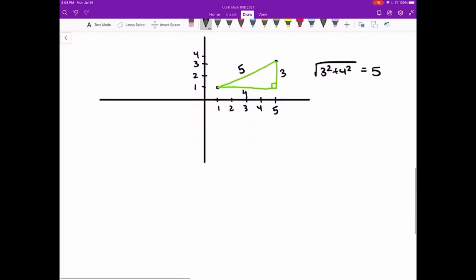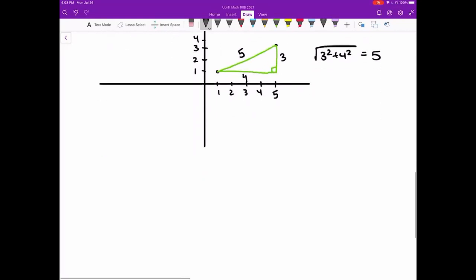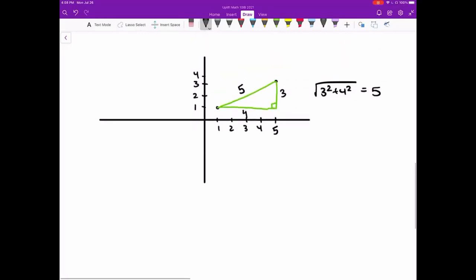So as a generalized formula, we tend to make the first point x1 comma y1, and the second point x2 comma y2.